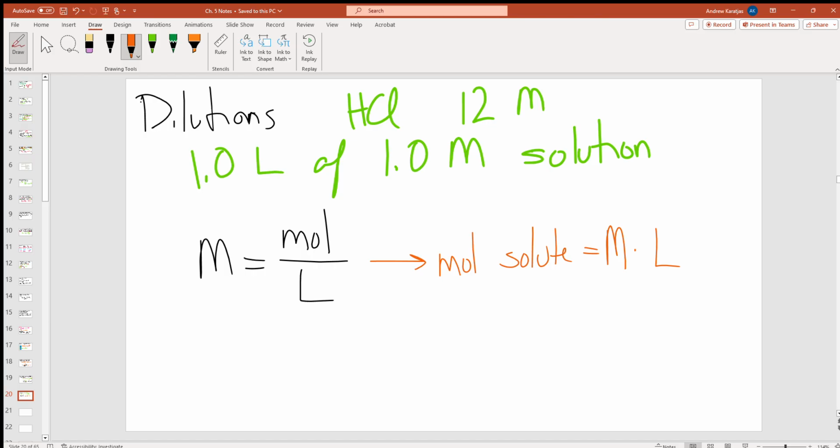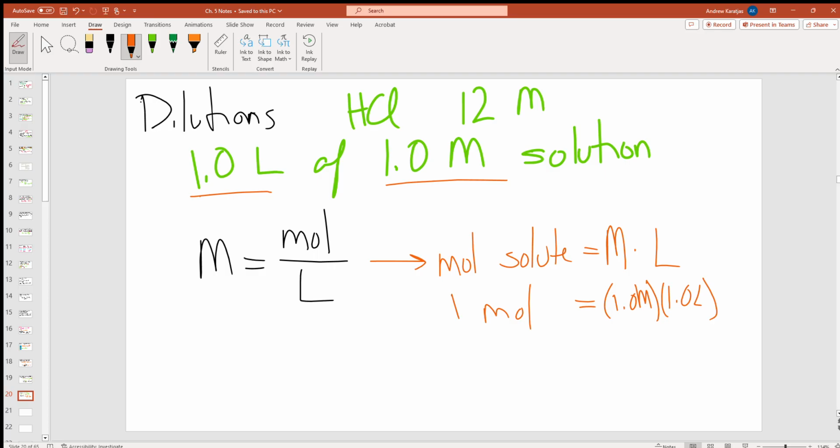So in this case, because what we need is 1 liter of a 1 molar solution, we can plug these in. And we can see that what we need is 1 mole of HCl. So in other words, what we actually need is to get 1 mole from that 12 molar solution.